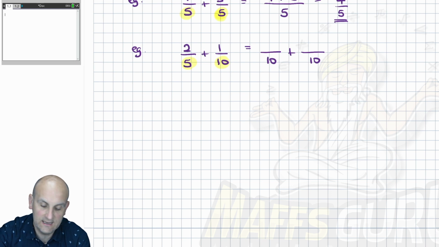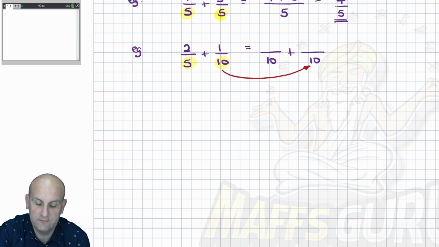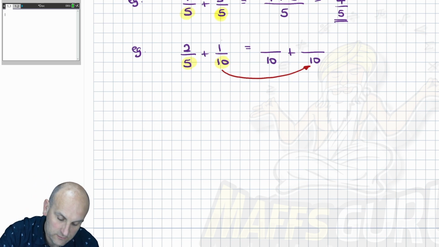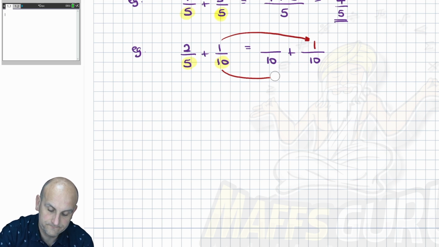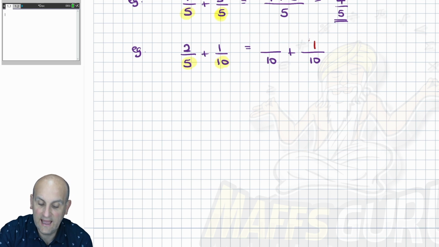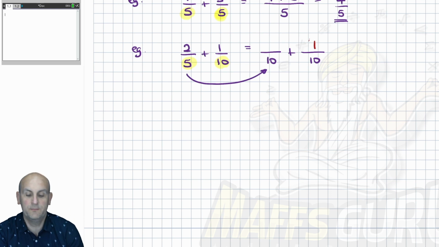And so again, if you remember this from school, because I haven't changed the bottom number of that fraction, I don't change the top number. All right, so that stays as a 1. Let's rub that out so that it doesn't get confusing. But what I have done is I've actually changed the bottom number there.